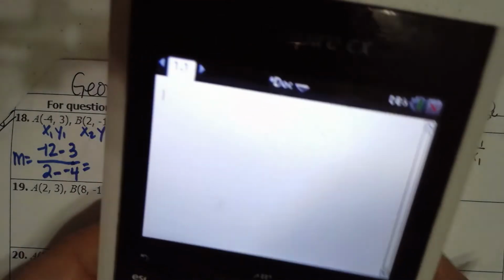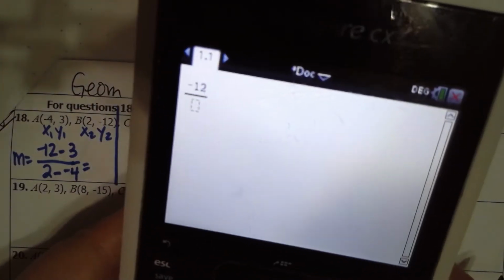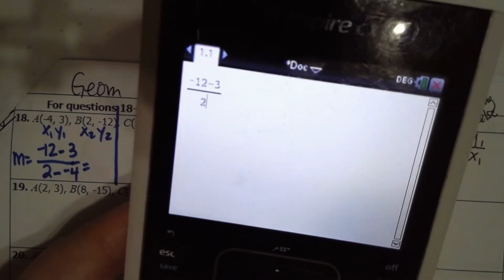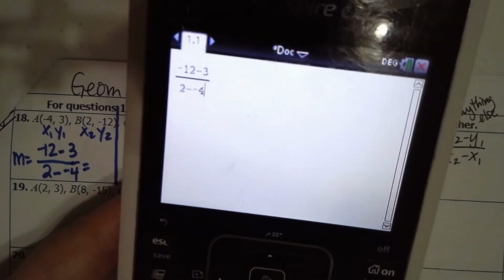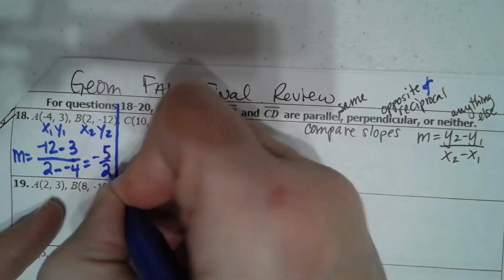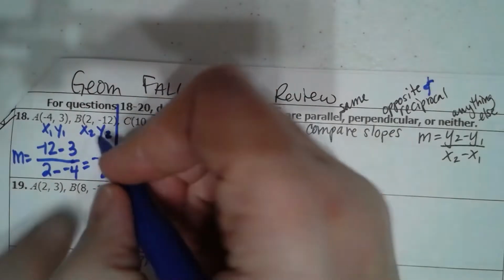I will type that into my handy dandy calculator as a fraction. Negative 12 take away 3, and 2 take away negative 4, and that makes negative 5 over 2. So that's one of our answers.